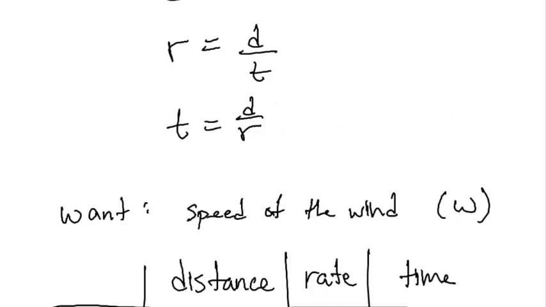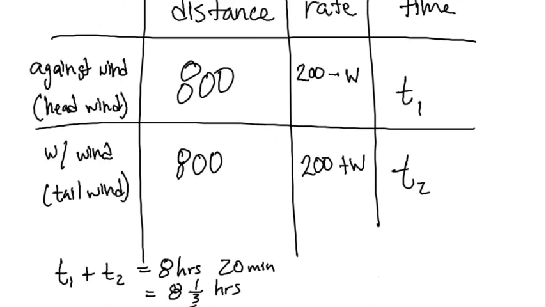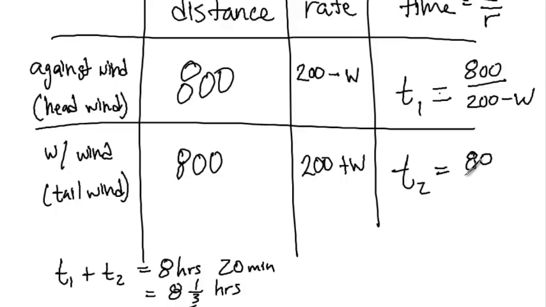So if we go back, T1 is really distance over rate, right? So we can say that that is 800 divided by 200 minus W. And this is 800 divided by 200 plus W.